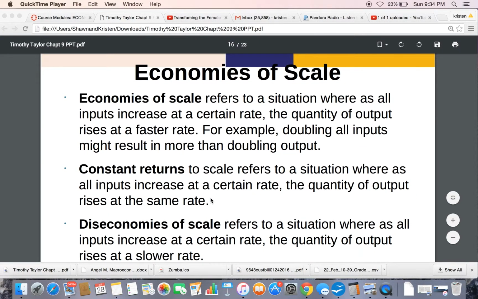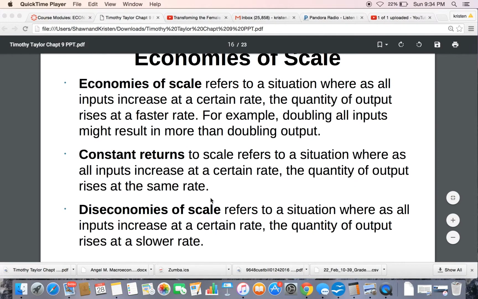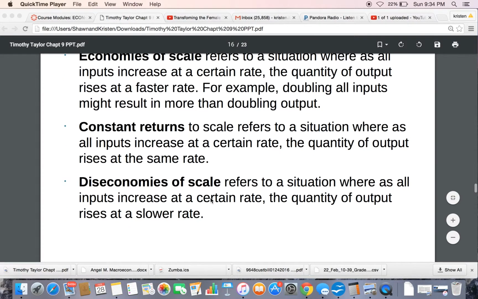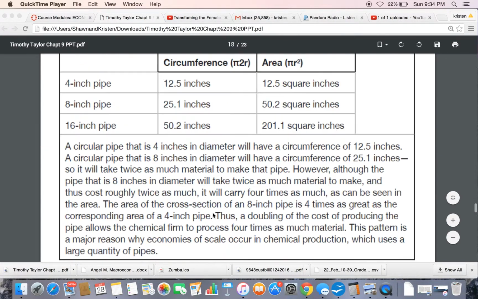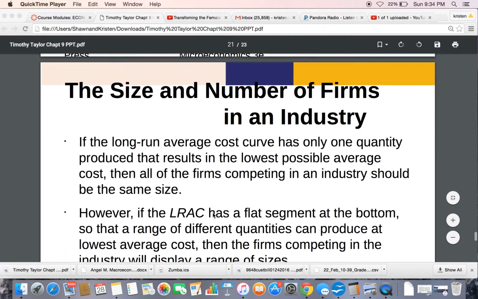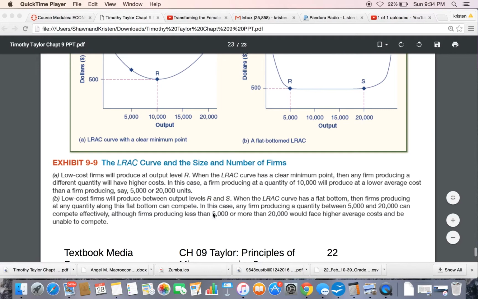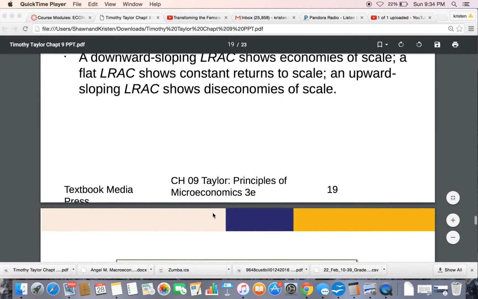In the constant returns to scale situation, as we add inputs at a certain rate, the quantity of output rises at the same rate. And we will have long run average costs not changing in this portion of the average total cost curve. In the far side of our long run average cost curve, when we get too big, we might actually experience some negative impacts from having so much output.